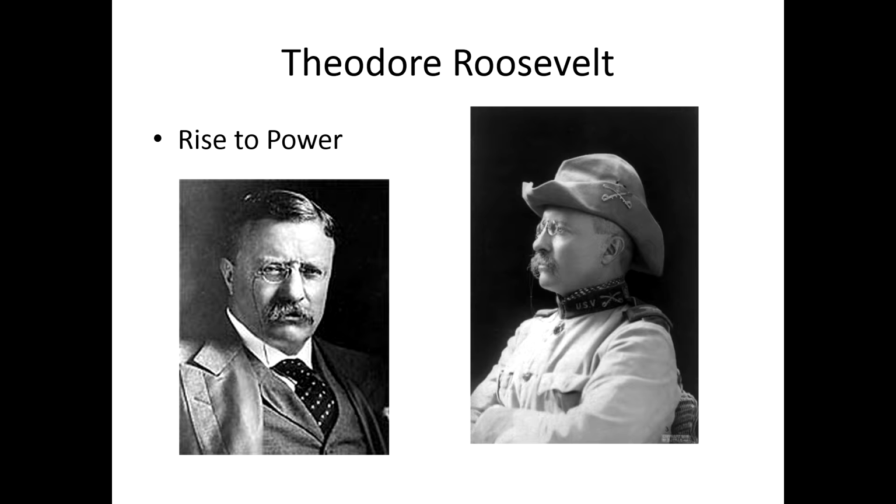He became vice president under William McKinley. Okay. Theodore, also known as Teddy Roosevelt, became vice president under William McKinley. But McKinley was only in office for about 6 months, and then he was assassinated, leaving Roosevelt as the new president.